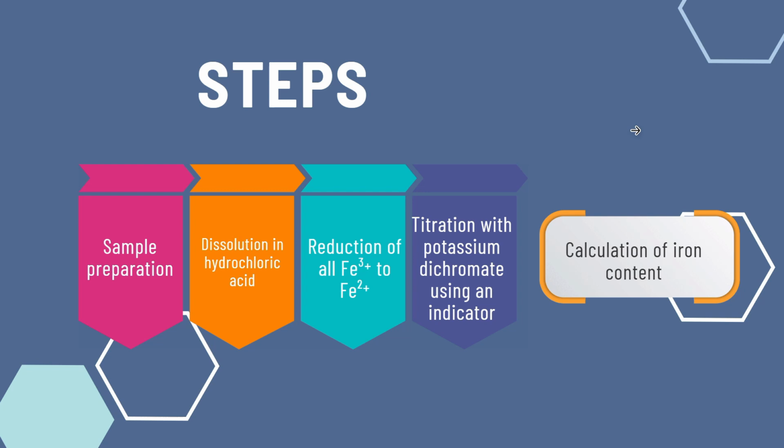The steps in iron assay include preparation by dissolving the sample in hydrochloric acid, reducing all ferric ions to ferrous, titrating with standard potassium dichromate, and finally calculating the iron content.